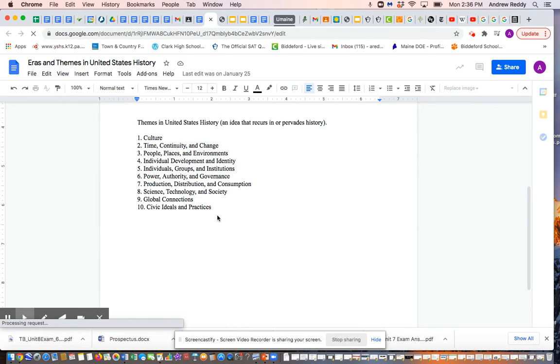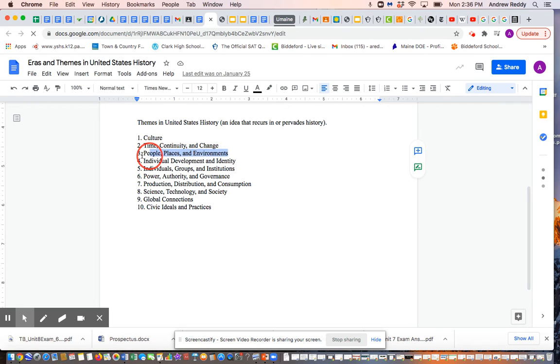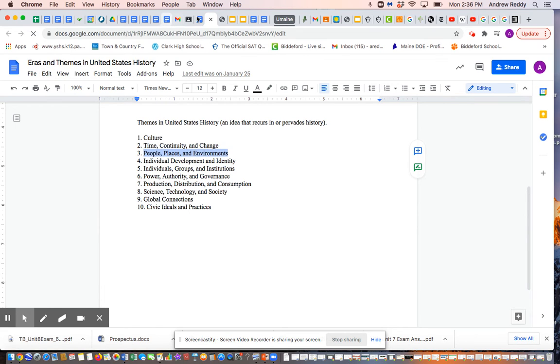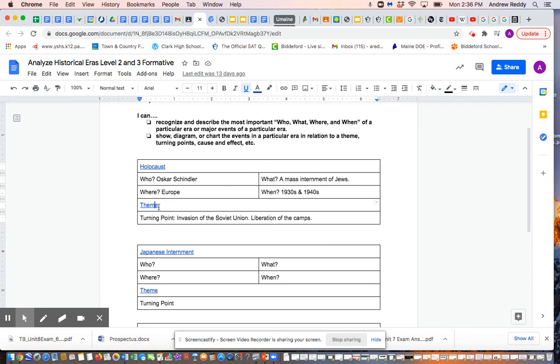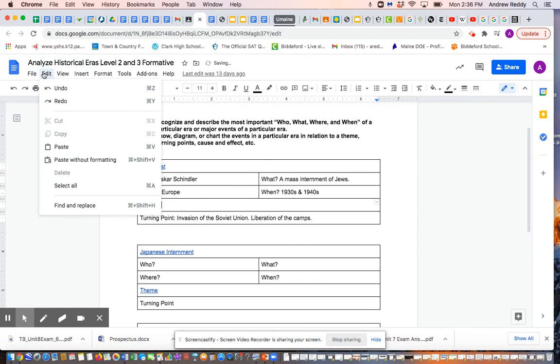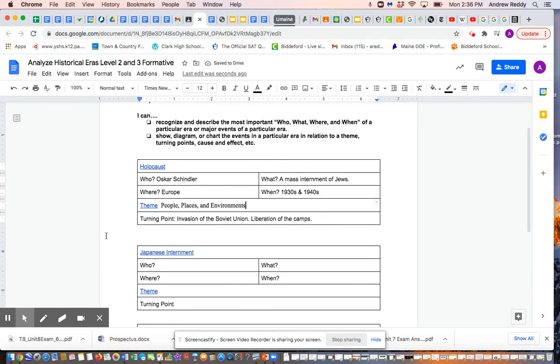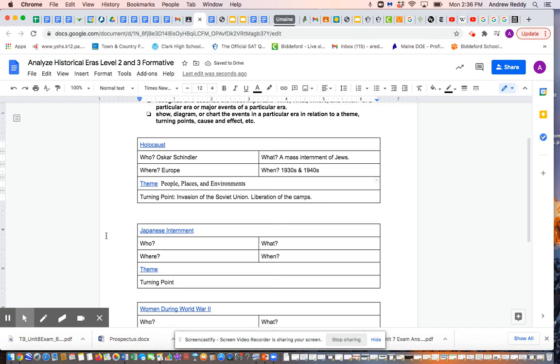Now, any one of these might be one that would work for the Holocaust, but you might think of people, places, and environments might be a theme that would work for this particular era. So you would simply copy that and then go back to your doc and go to theme, and then you would paste it in there, and you would have a theme that you've chosen for this particular event.